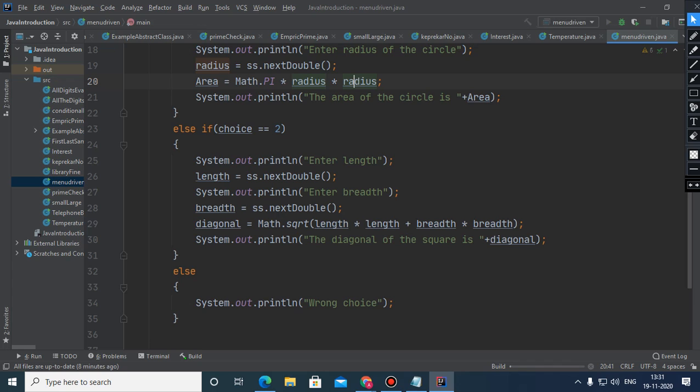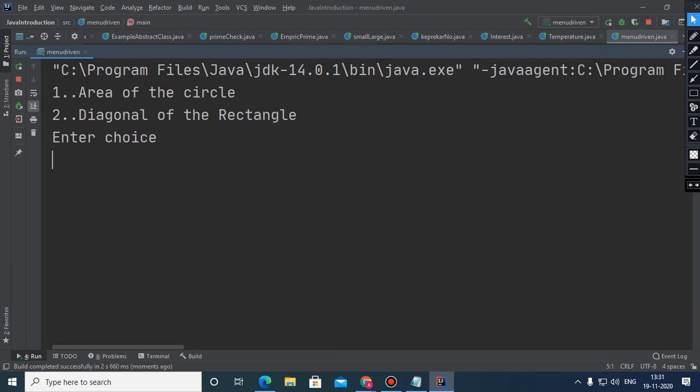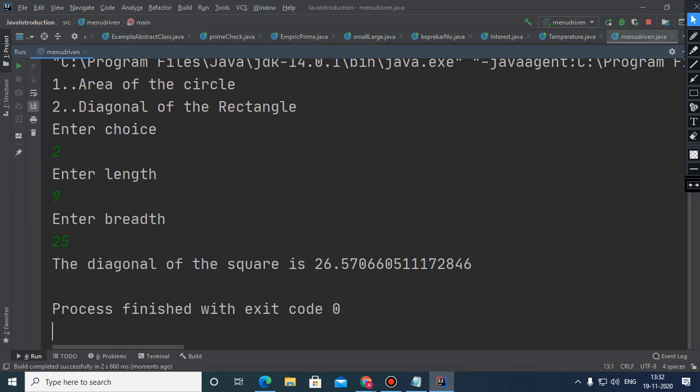And now children, suppose this is the second choice, and here I'm just writing the length is... it is not 9, it is, okay, and it is 25. The diagonal is 26.57.